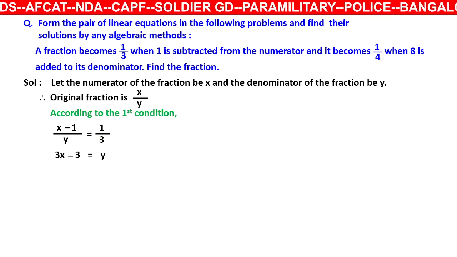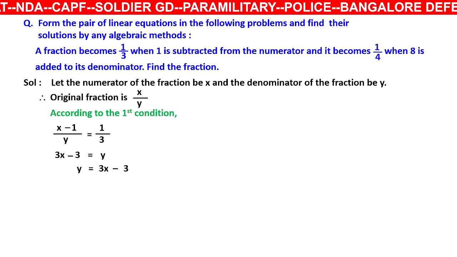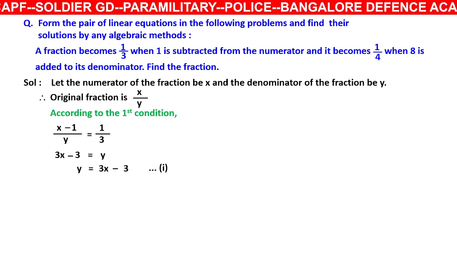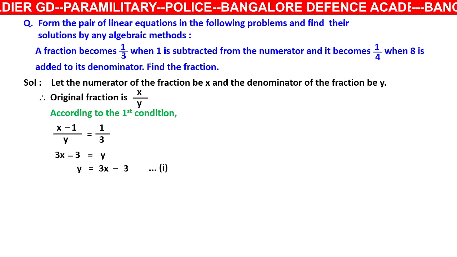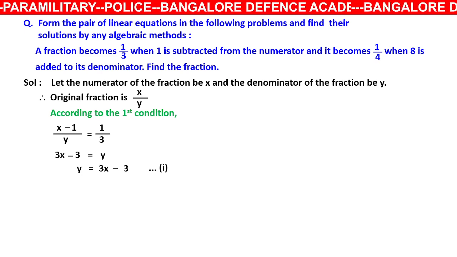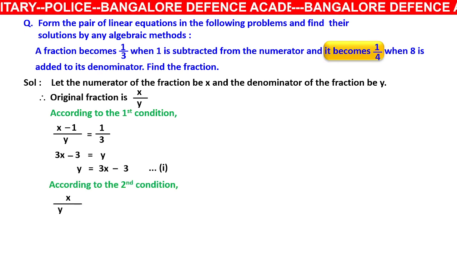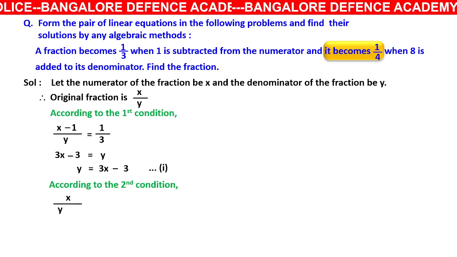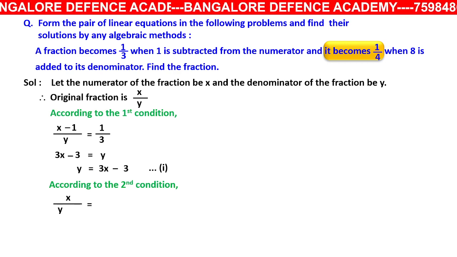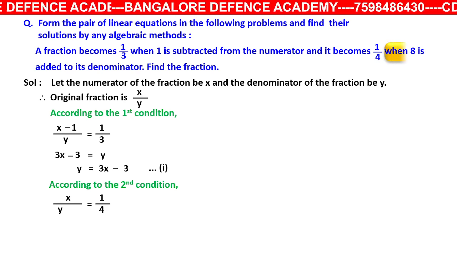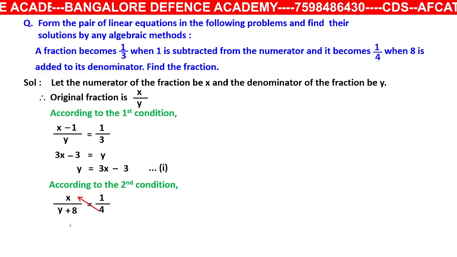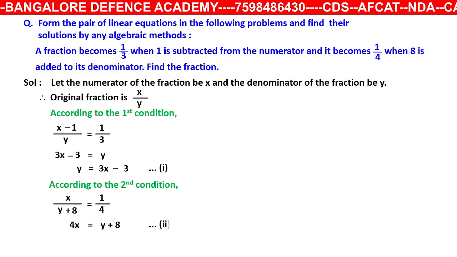So I'll try to find the first equation. 3x minus 3 is equal to y. So y is equal to 3x minus 3. I keep this in my mind so that I can substitute this value of y in the second equation. Now according to the second condition, it becomes 1 by 4 when 8 is added to the denominator. So x by y plus 8 gives me 1 by 4. When I cross multiply, it becomes 4x is equal to y plus 8.